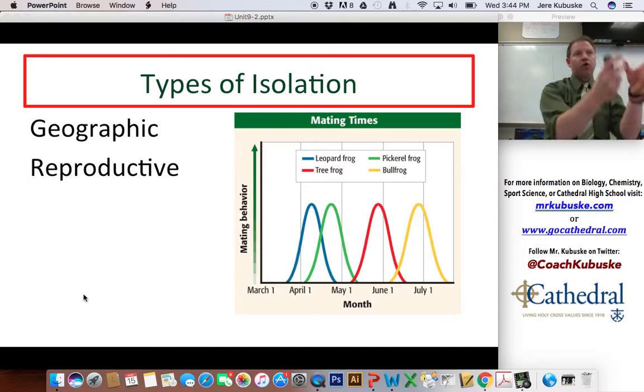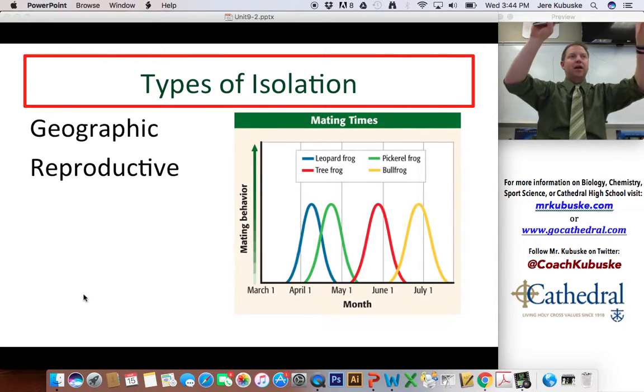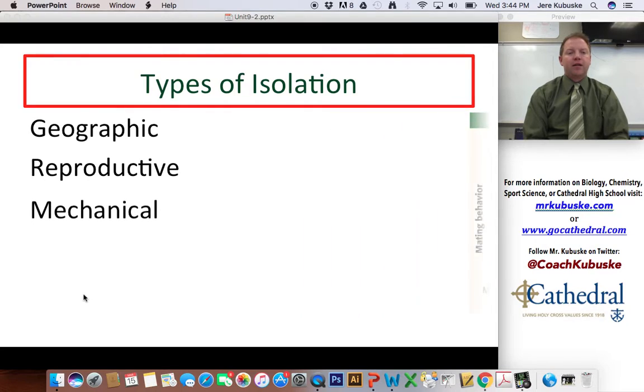A good example is the frogs: if your group of frogs only reproduces at the beginning of April, and another group only reproduces at the beginning of May, you will only keep reproducing with those frogs that are ready to reproduce at that time, so you will end up becoming two different species because you're only intermixing with the frogs of that type. And so over generations, you become more and more different, and you end up becoming your own species. So when you reproduce, the time for mating, that is a reproductive isolation.